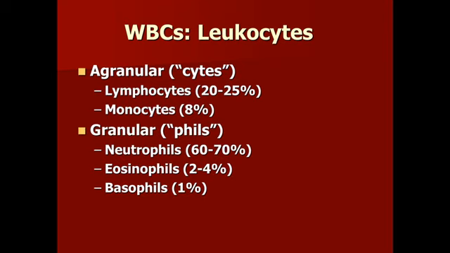And you can see there that when you look at the white blood cells in general, the vast majority of your white cells are neutrophils. And then lymphocytes are the most common agranular type, neutrophils the most common granular type. Granular versus agranular is the way they look under the microscope. They have small granules in their cytoplasm.